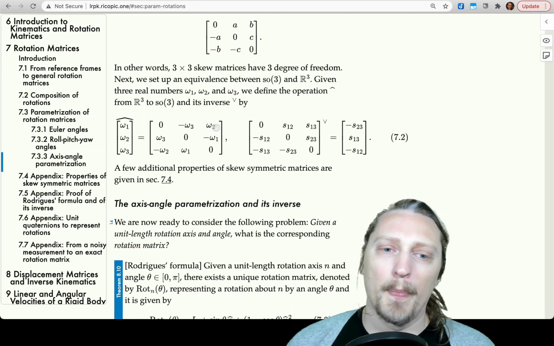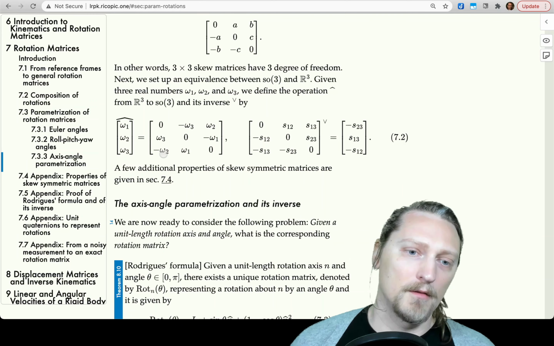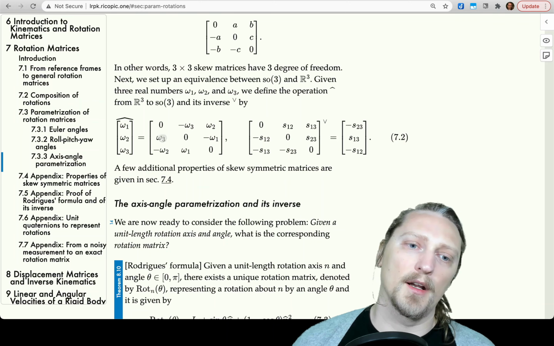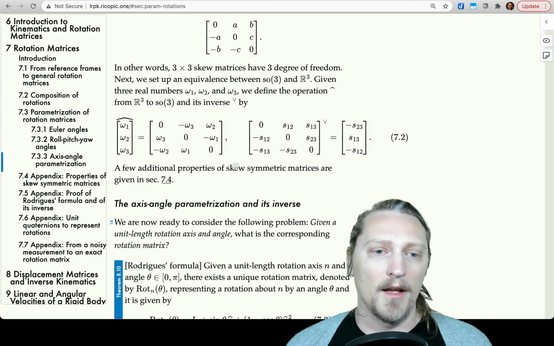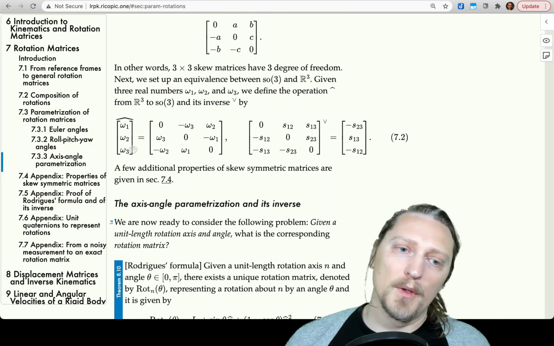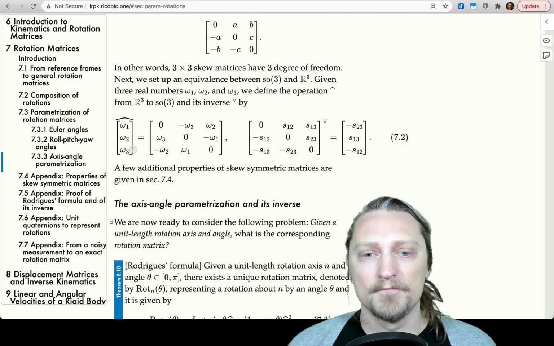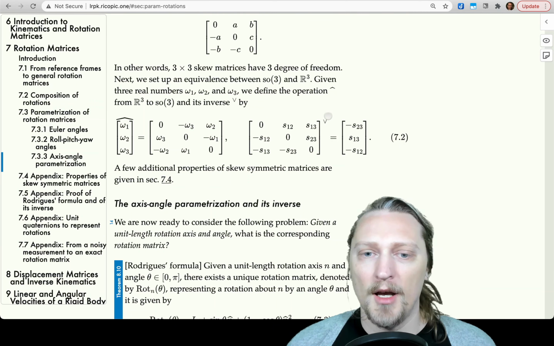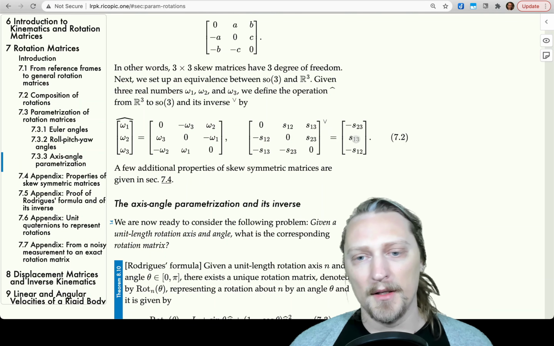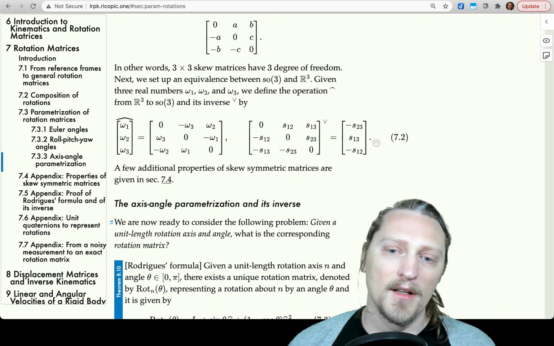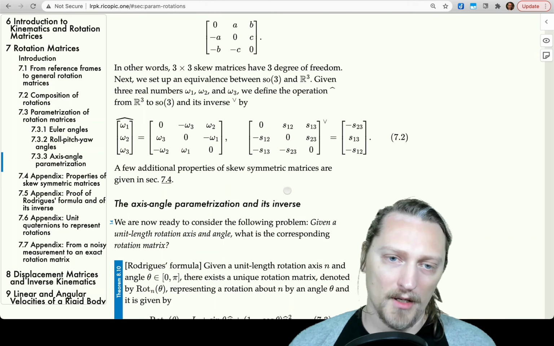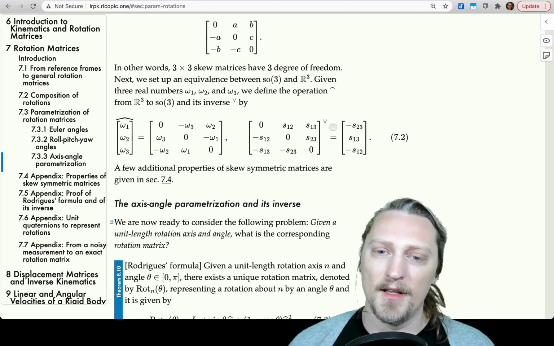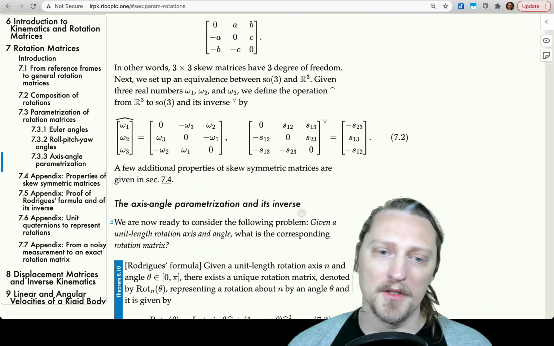We set omega 2 here, negative omega 2 had to be determined. Set omega 3 here, negative, had to be positive over here. Zeros along the diagonal. So what we do is we take this vector and form a skew-symmetric matrix from it. Now we have the other operation, which is cup, where we take a skew-symmetric matrix and have a vector pop out of it that corresponds to that skew-symmetric matrix. The inverse is this. This is the forward version of this operation.